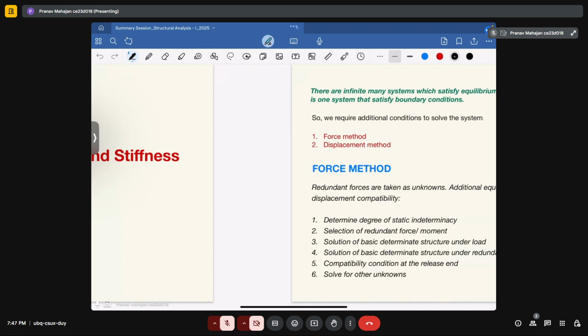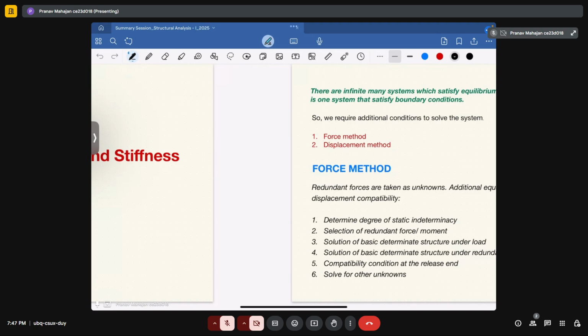So for that we have two methods. One is the force method, another is the stiffness method. The force method is also known as the flexibility method, whereas the stiffness method is known as the displacement method. Okay.